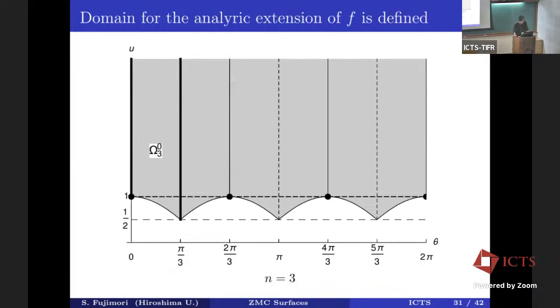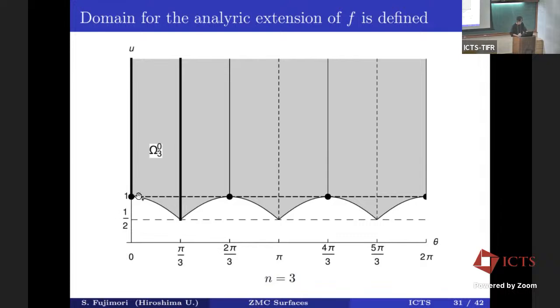Then, for the deformation, the part where u is bigger than 1 is space-like, and corresponds to the space-like maximal surface. And u equal to 1, this dashed line, corresponds to the fold singularity.